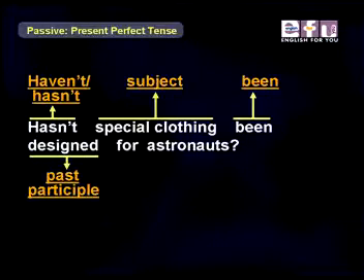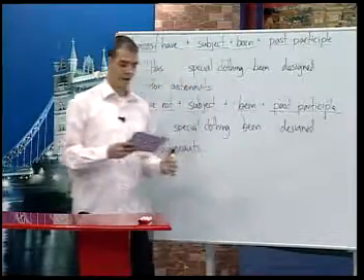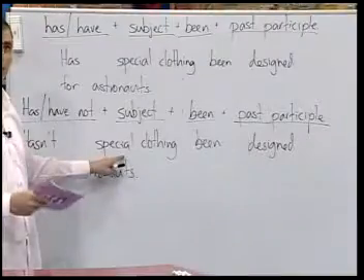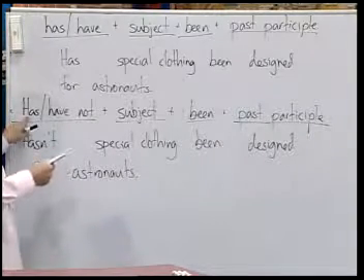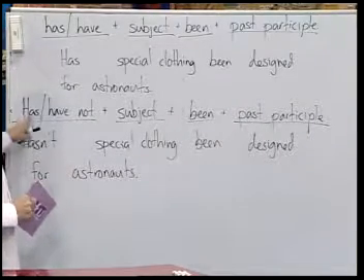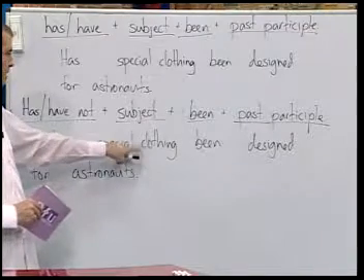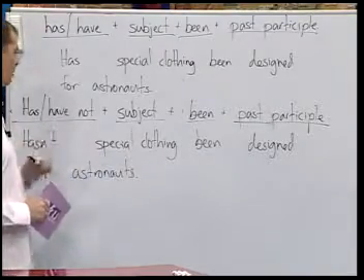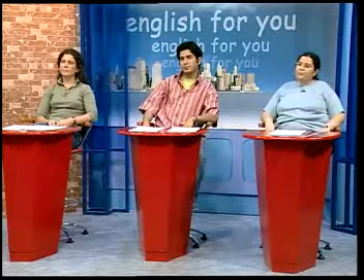Subject special clothing, hasn't special clothing been designed for astronauts. Now again, as usual, the passive voice subject tells us if we use the singular or the plural negative. Has for the singular, special clothing is one uncountable noun, so hasn't, or if it was plural, have not. Okay, let's practice.